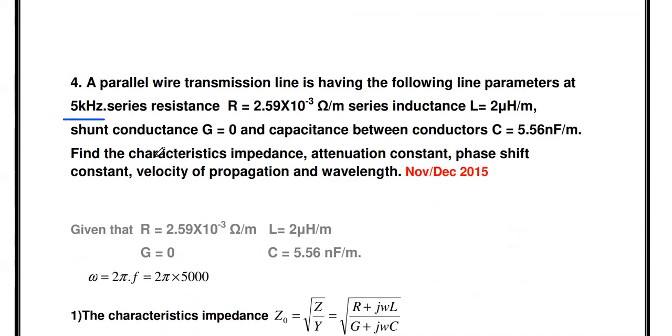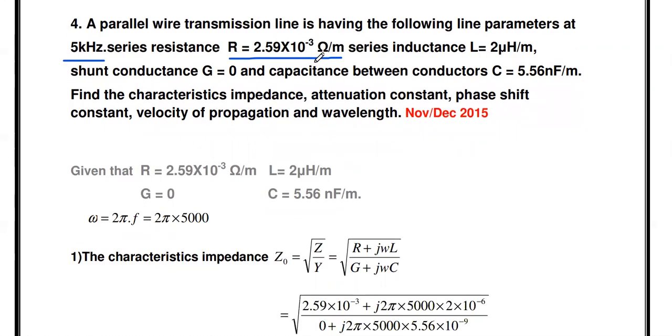The data given are: series resistance R is 2.59 into 10 to the power minus 3 ohm per meter, inductance L equal to 2 microhenry per meter, conductance G equal to 0, and capacitance C equal to 5.56 nanofarad per meter. So the four primary constants, the line parameters RLGC of the transmission line, are given.